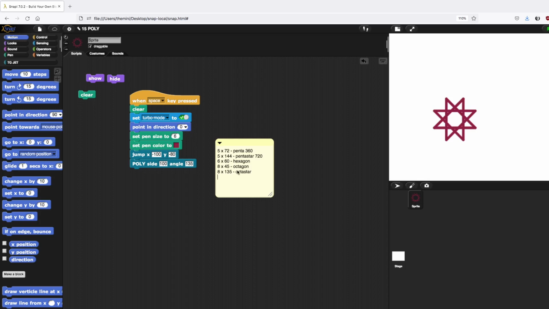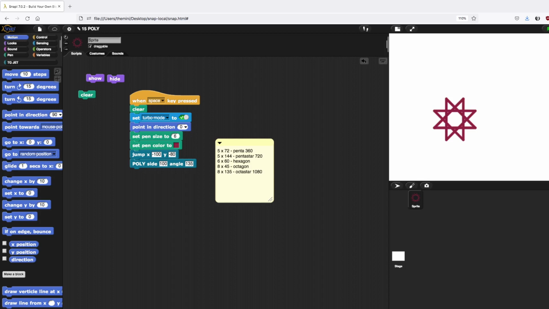And finally, that must be something around 3 revolutions, I'm guessing. And let's see, what about the penta if we do 5 times 72?